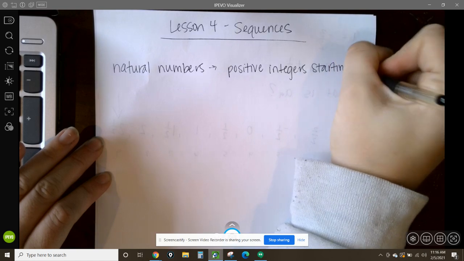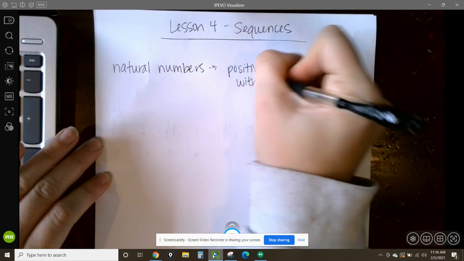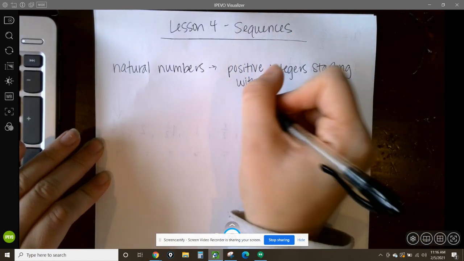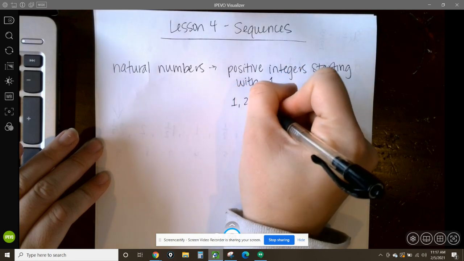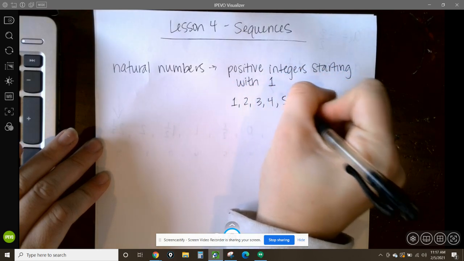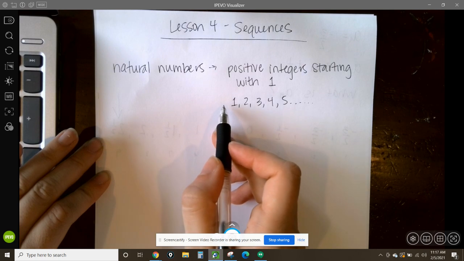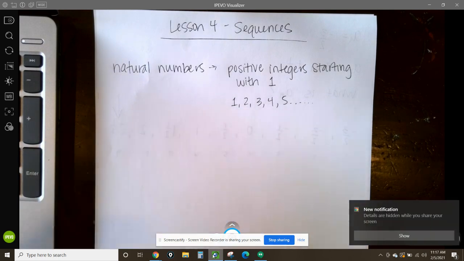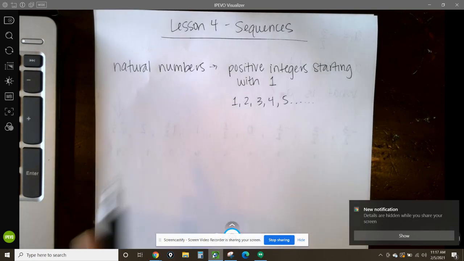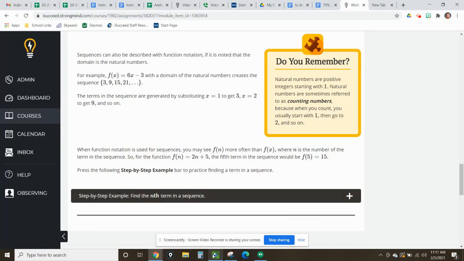Starting with 1. So the natural numbers are 1, 2, 3, 4, 5, and it goes on and on. There's no 0 and no negatives. That's one thing I want you to write down. What else do we have here?